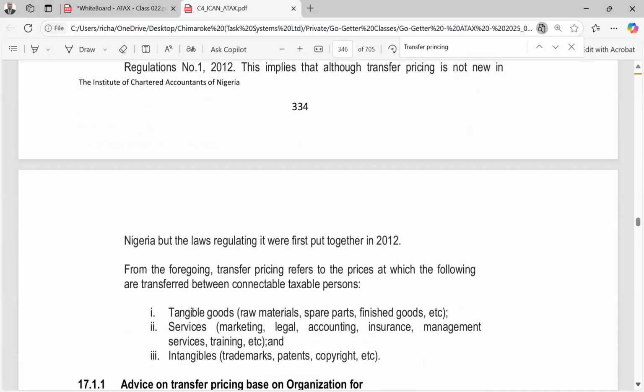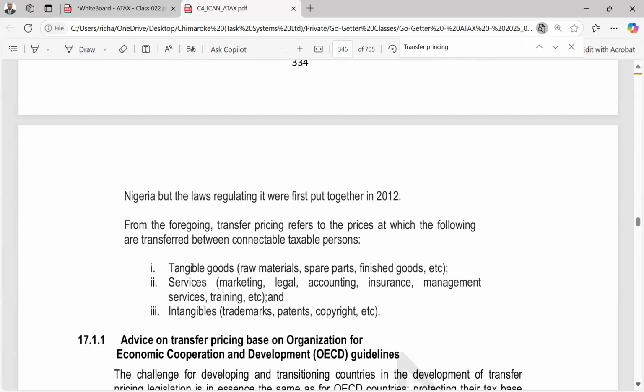Now, the transfer pricing law refers to prices at which goods and services are transferred between connected or connectable taxable persons. It could be tangible goods, such as raw materials, spare parts, finished goods. You know, something could be finished goods for one group, and it could be a raw material for the other.